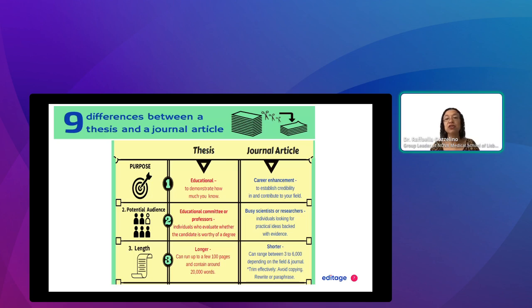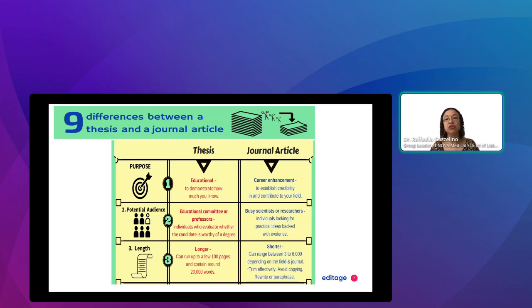First of all, the purpose, right? The purpose of writing a thesis is purely educational, because the thesis demonstrates what you have done and how much you know about that subject. You need to be evaluated to take a certain degree. But a journal article is not for an educational purpose, although it is true that it is for spreading knowledge worldwide.